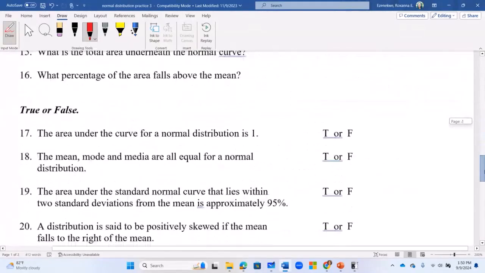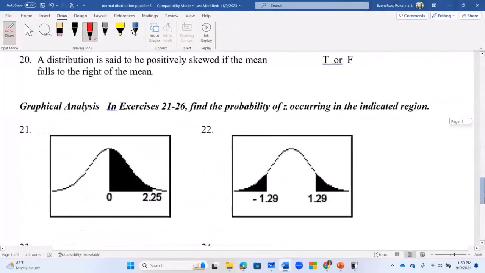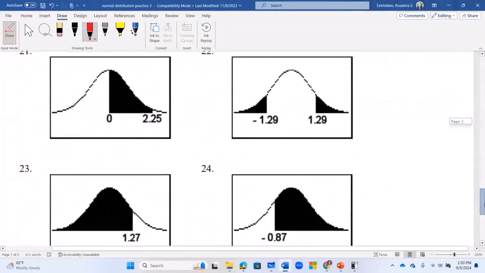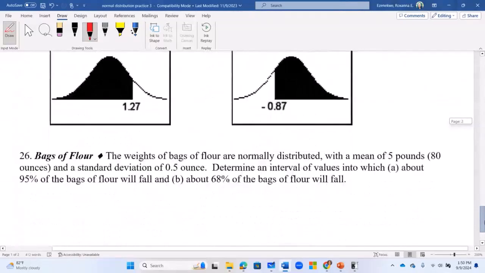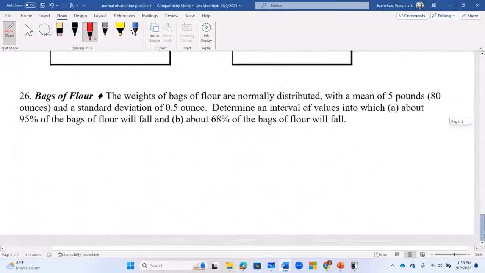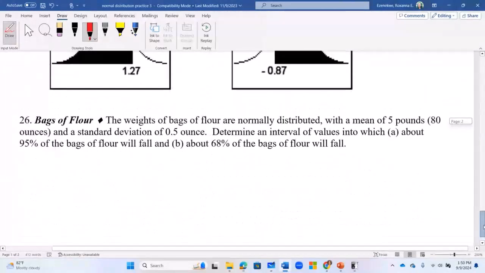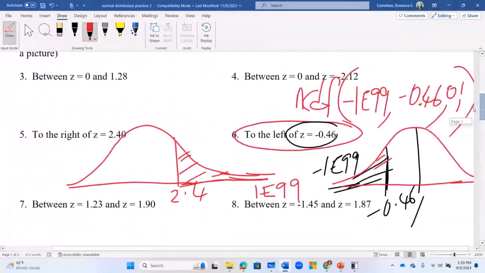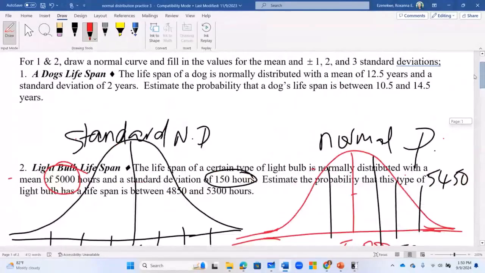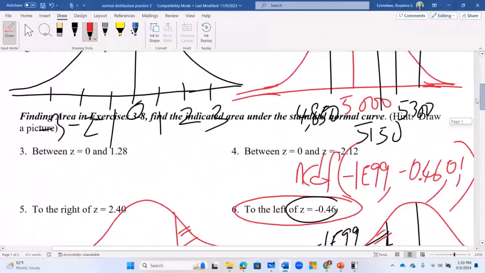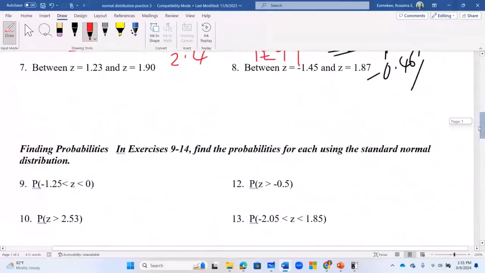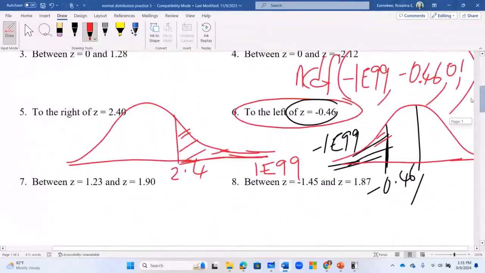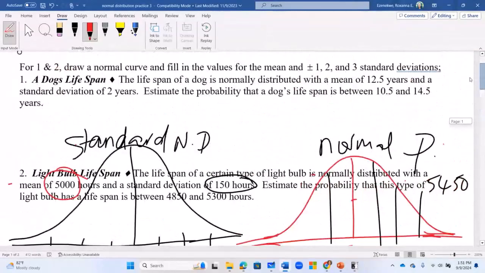If you look at the questions below, they can give you a shaded normal curve and ask you to interpret it. They can give you an area inside the normal curve and ask you to interpret it. So we are going to be talking about this. I'm not going to be in a hurry. I'll put this worksheet in Blackboard.